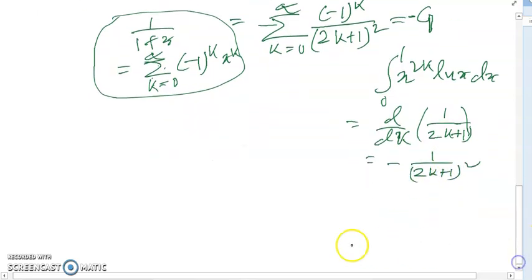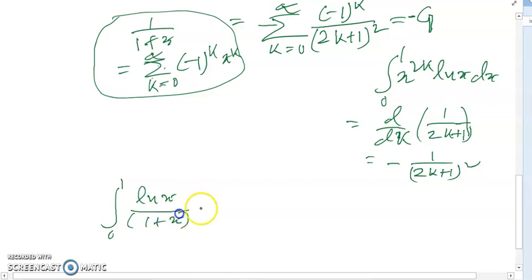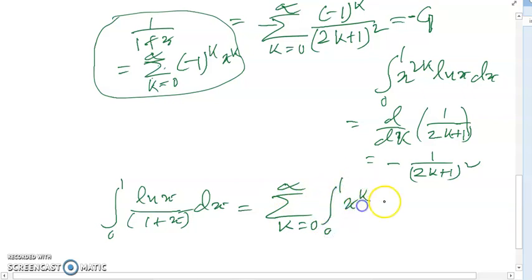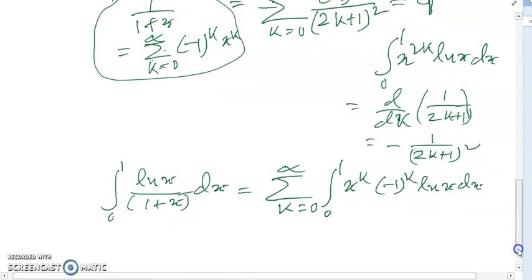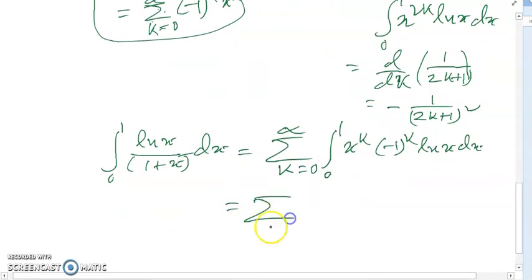Okay, same formula I apply in here. So next is 0 to 1, note 0 to 1 ln x divided by 1 plus x dx is equal to summation k equals to 0 to infinity integration 0 to 1 x to the power k minus 1 to the power k ln x dx, and this formula is summation k equals to 0 to infinity minus 1 to the power k divided by k plus 1 squared.